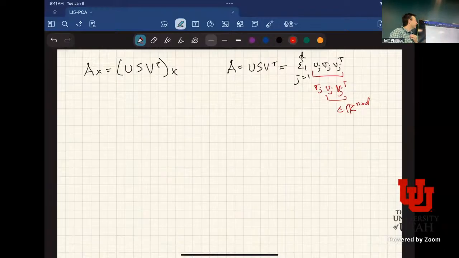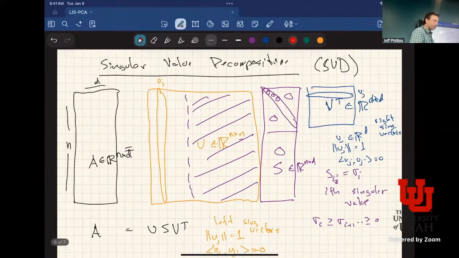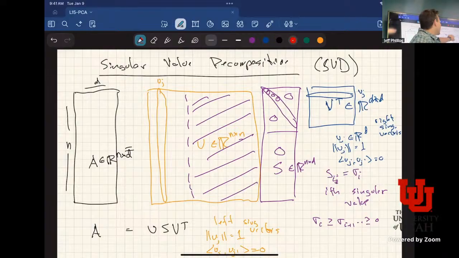So I can write this matrix as a sum of these terms. The scalars are the singular values along S. Remember, S is all zeros in the lower part, and the upper part along the diagonal has the only non-zeros. And each of these is a scalar, a single value in here.